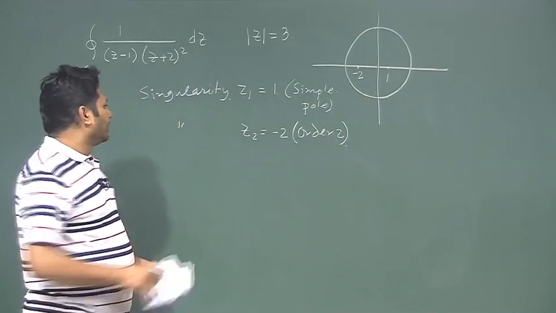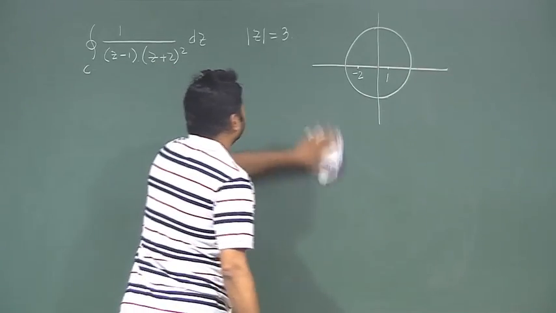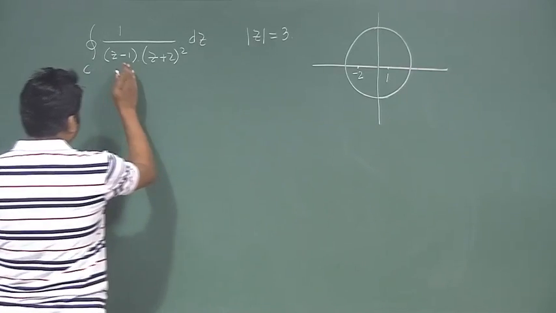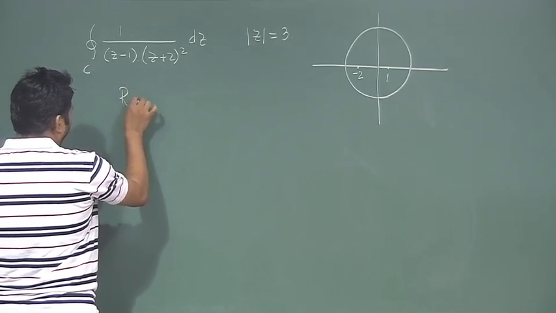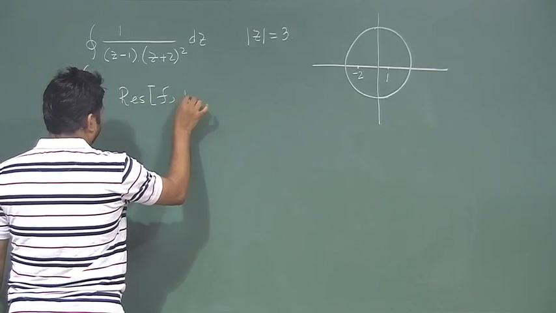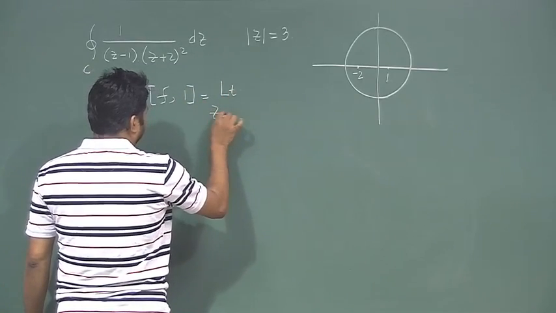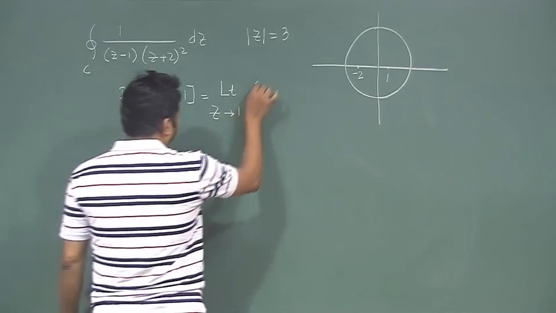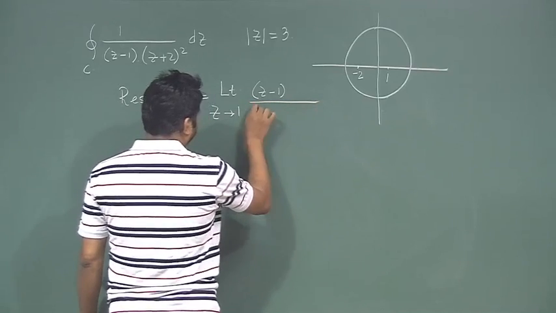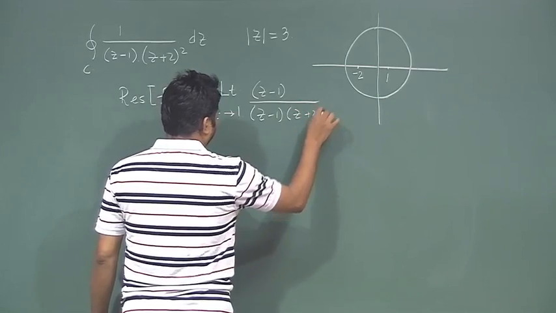So, we need to calculate the residue for both the singular points. Residue of f at z equal to 1 is the limit z tends to 1 of (z minus 1) divided by (z minus 1)(z plus 2) square.